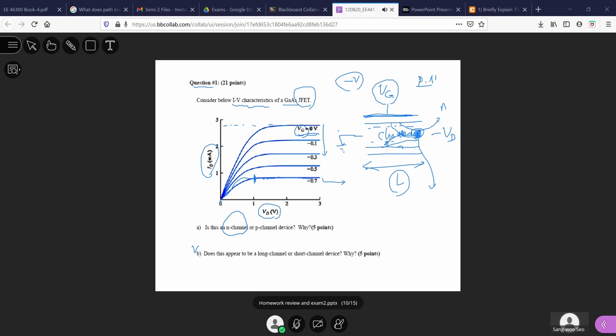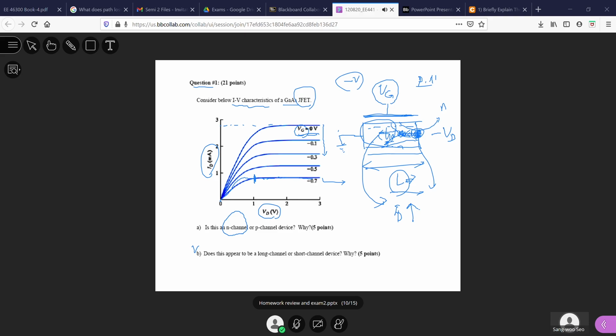Now, if the channel length L is very small, to see this effective change of the pinch-off point moving toward the source side, we're going to start to see that the ID current is increased.